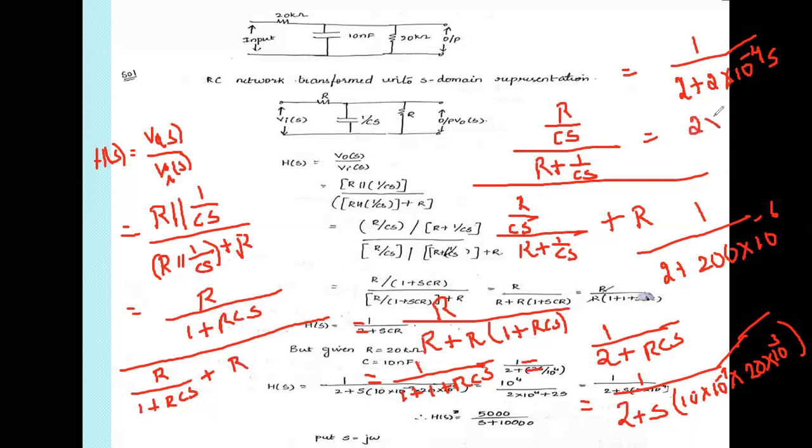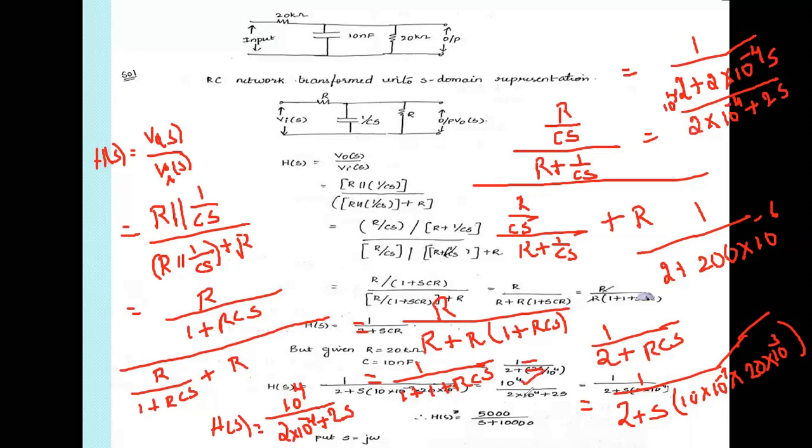The 2 into 10 power minus 4 plus 2s in the numerator is a 10 power 4. So finally, we got H of S is equal to 10 power 4 by the 2 into 10 power minus 4 plus 2s is a function.